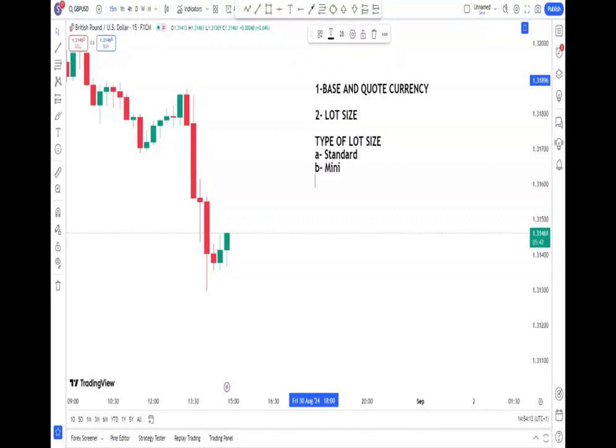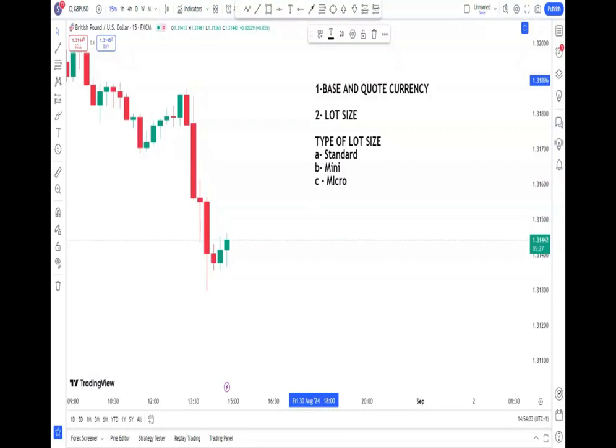Then we have the mini lots and we have the micro lots. Are you understanding and am I carrying everyone along? It's just for you to know all these things.